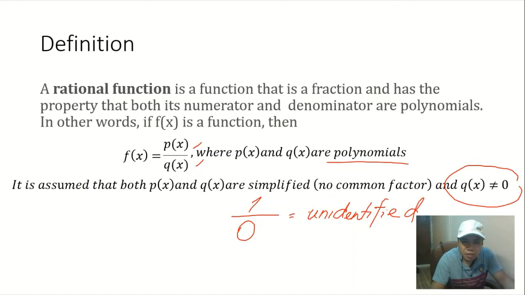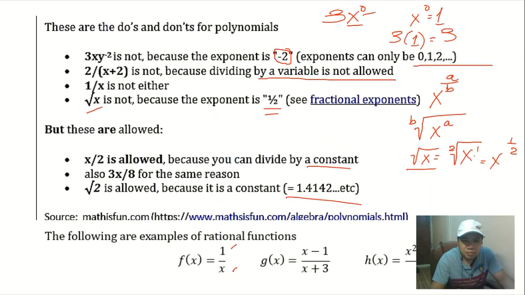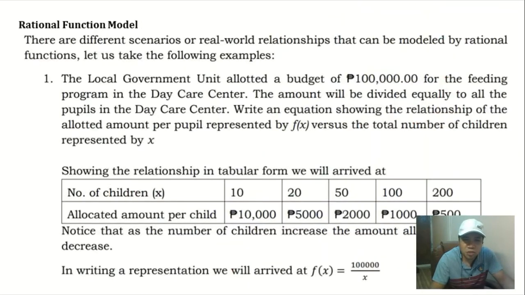So, meron tayong numerator and denominator. So, g of x is x minus 1 all over x plus 3. h of x is equal to x squared minus 3x plus 4 all over x minus 5. So these are the examples of rational functions.